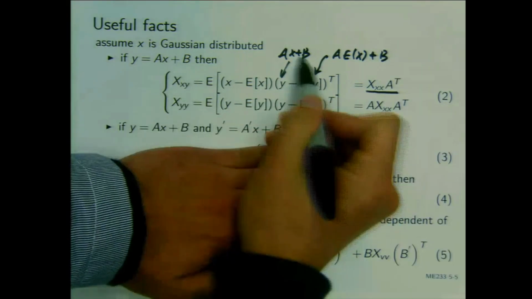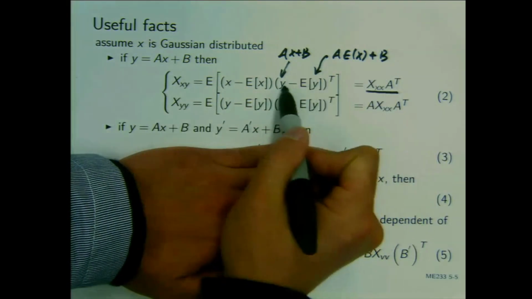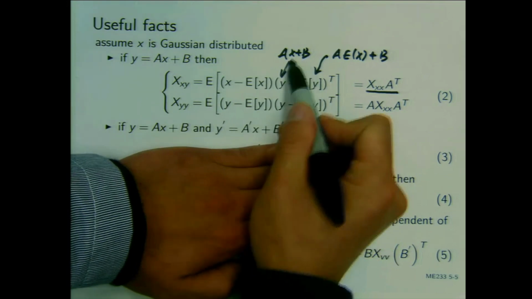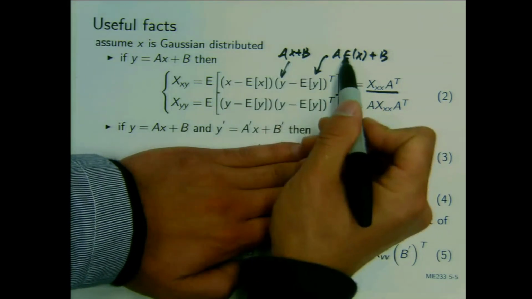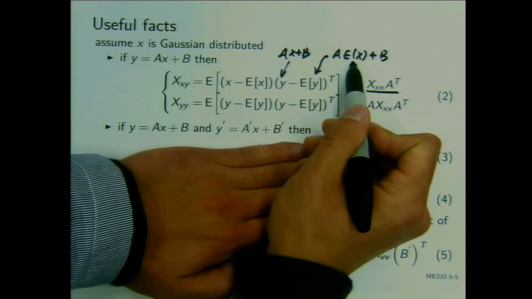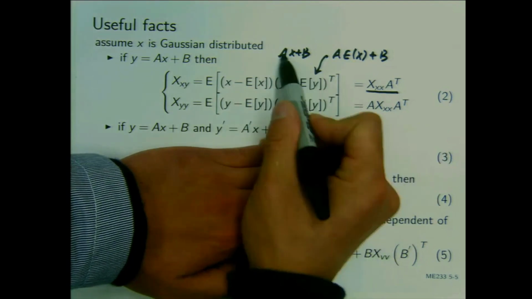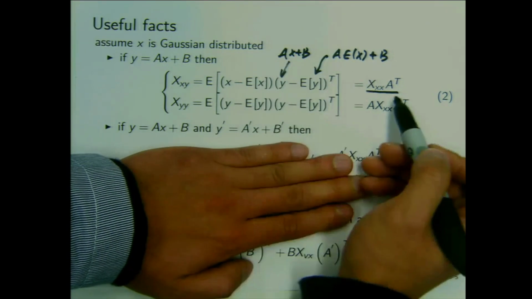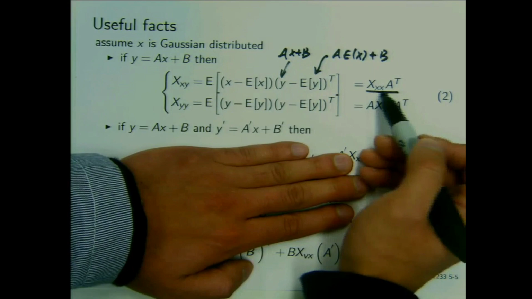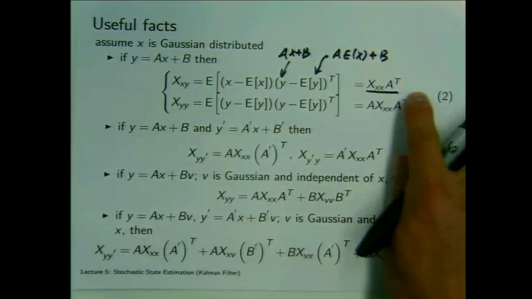So the b term cancels, and the remaining term is Ax minus A times the expected value of x. Because of the transpose sign, A goes to the right-hand side and becomes A transpose. So this is the final result.